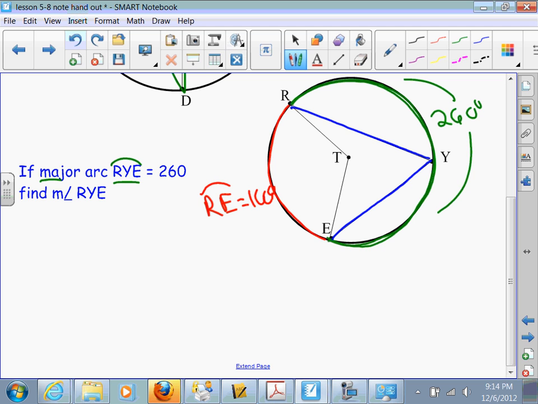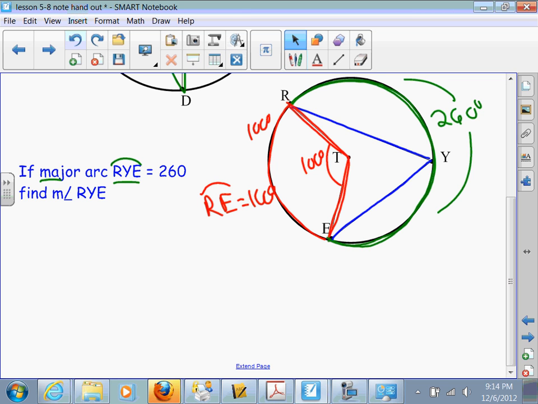And if this is 100 degrees, then that would be the measurement of the central angle RTE. This here would be 100 degrees. So then I can say that the measurement of angle RYE is half of that. And half of 100 is 50 degrees.